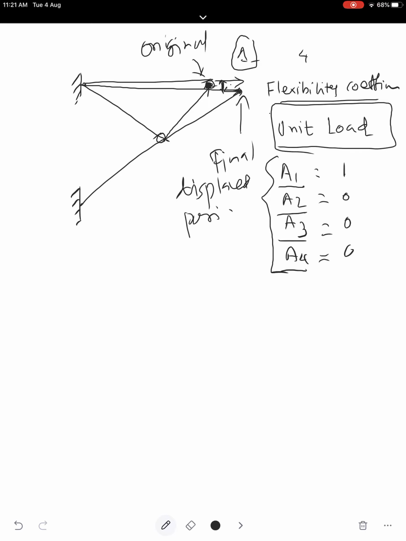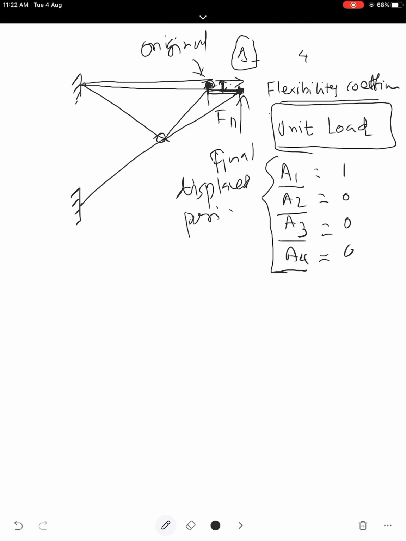That is our assumption, that this joint will deflect vertically as well as horizontally. Now to get flexibility coefficient, if I calculate horizontal displacement, this will be your vertical displacement, but from here to here it will be horizontal displacement. So that horizontal displacement coefficient, what should I call? Let us call F11. It is as simple as that.